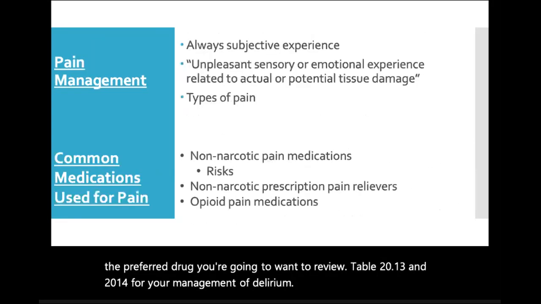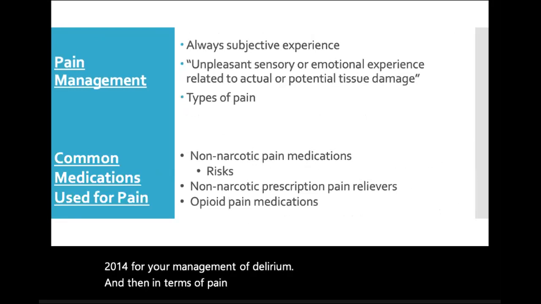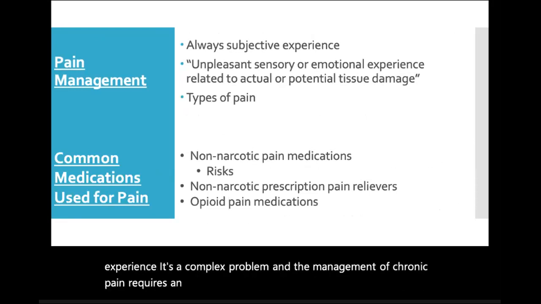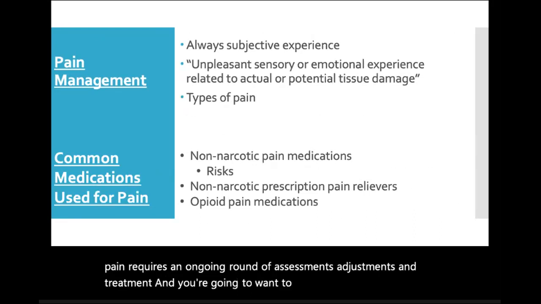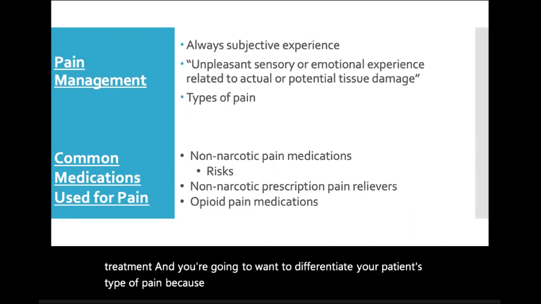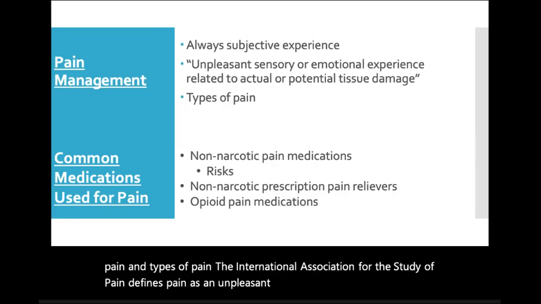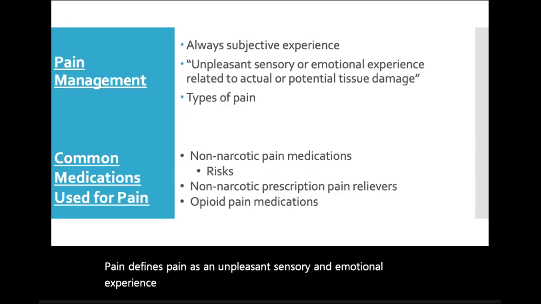And then in terms of pain management, it's always a subjective experience. It's a complex problem, and the management of chronic pain requires an ongoing round of assessments, adjustments, and treatment. You're going to want to differentiate your patient's type of pain because there are many different definitions and types of pain. The International Association for the Study of Pain defines pain as an unpleasant sensory and emotional experience and states that pain is always subjective and can have a psychological or emotional foundation.